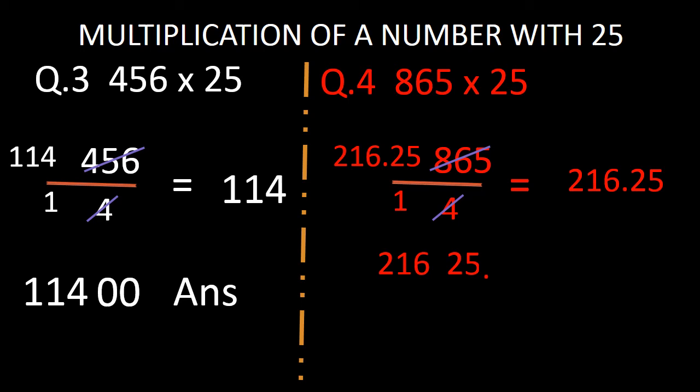While bringing this 2 degrees rightward, the decimal will be finished, because now the decimal point is in the rightmost position. So it will be finished, and our answer will be 21,625.